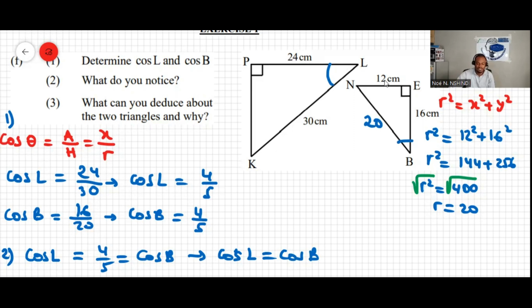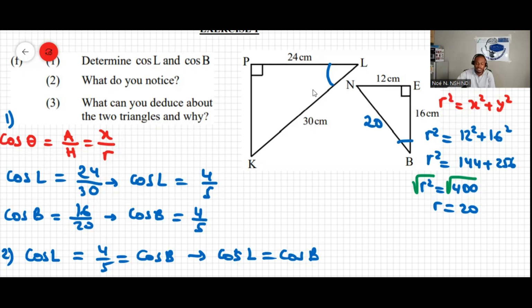And the side adjacent to B is 16. Now, this side is 20, this side is 30 centimeters, and this side is 12.